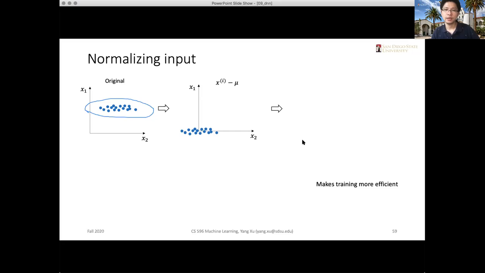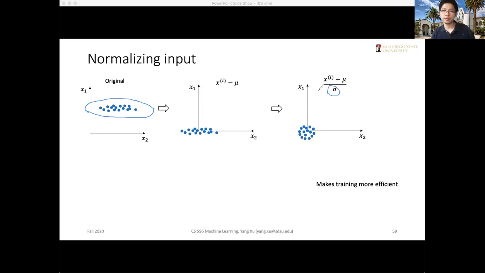Okay? And we can also normalize the resulting centralized data by dividing by the standard deviation or the variance in each dimension. So this sigma is for the standard deviation.